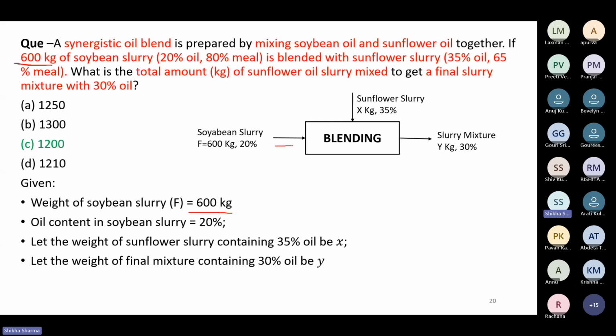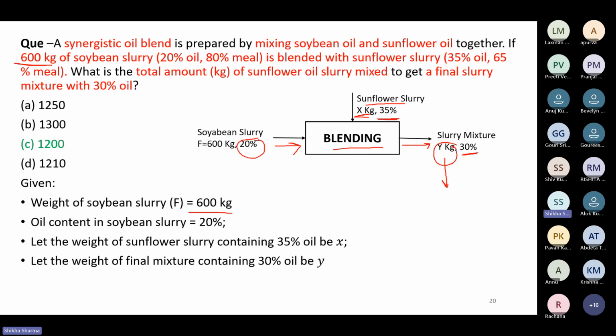We are feeding 600 kg of soybean slurry which has 20% oil, and blending with sunflower slurry, whose amount we don't know, but we know that 35% of it is oil. We are getting a final slurry mixture, whose amount is unknown, and we need to calculate this Y amount, and we know that it has 30% oil.